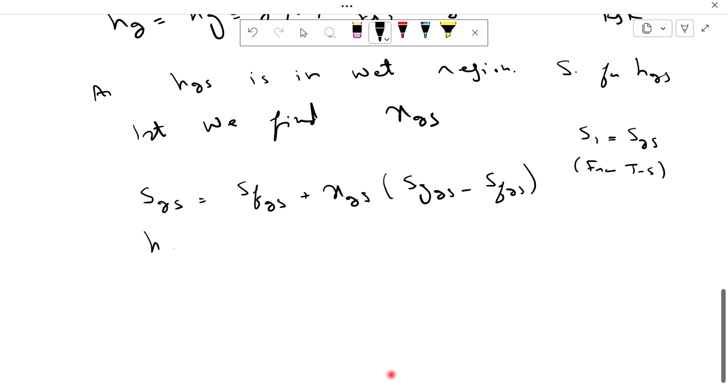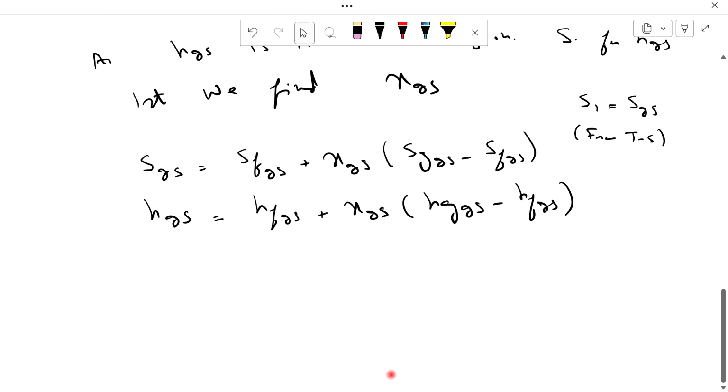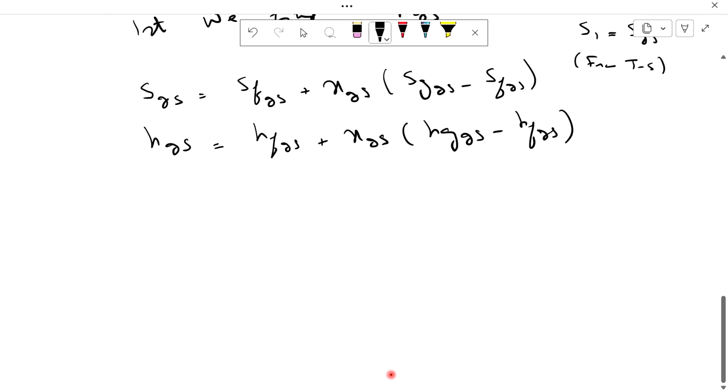And to find H2S we use the equation H2S is equal to HF2S plus X2S into (HG2S minus HF2S). So first we find SF, SG, HF and HG from the steam table.